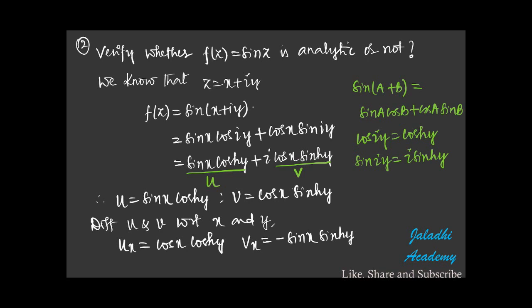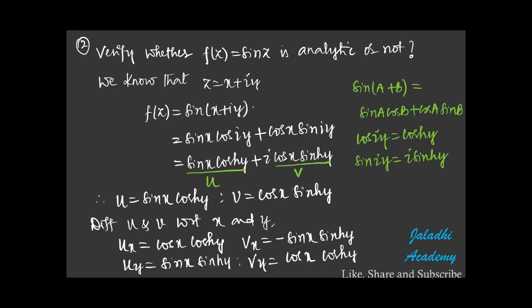Similarly, differentiating with respect to y, uy is equal to sin x into differentiation of cos hy, which is sin hy, and vy is equal to cos x as it is, and the differentiation of sin hy is cos hy.